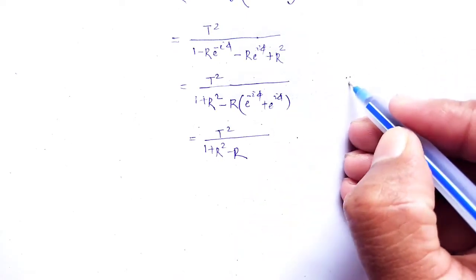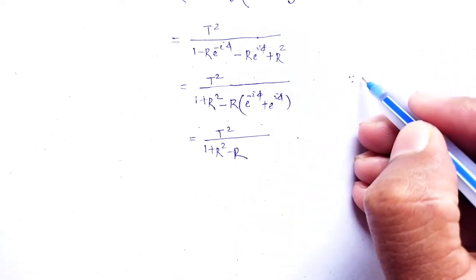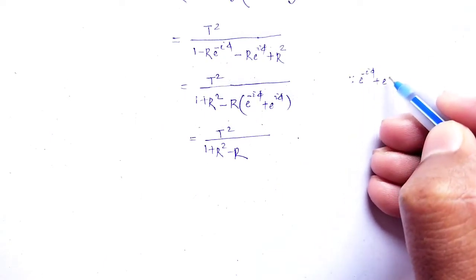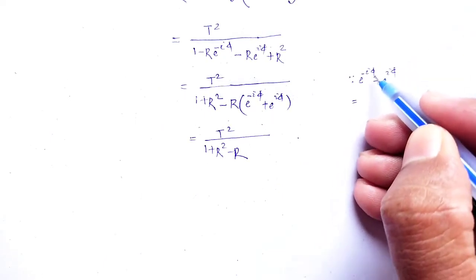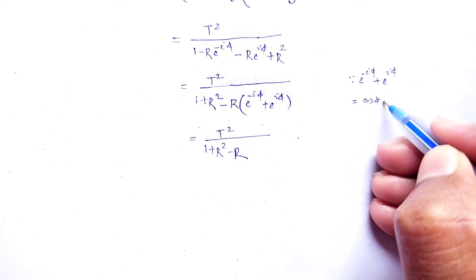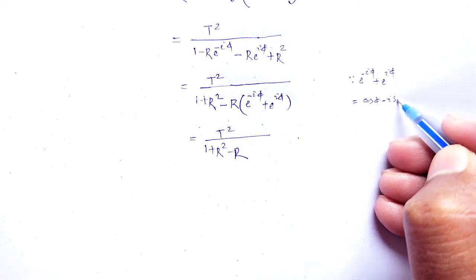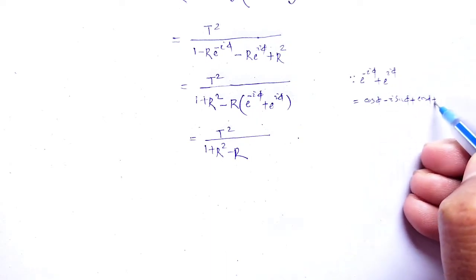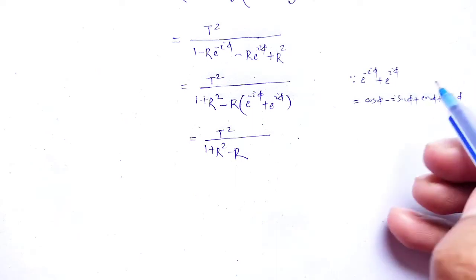Let me evaluate it here. e to the power minus i phi plus e to the power i phi. e to the power minus i phi is cos phi minus i sin phi. e to the power i phi is cos phi plus i sin phi.